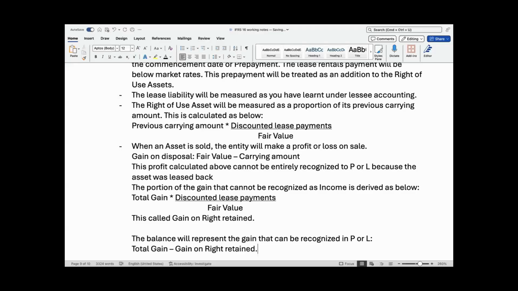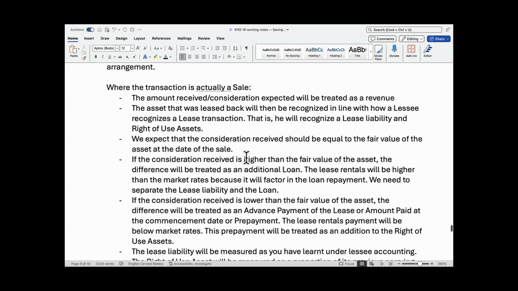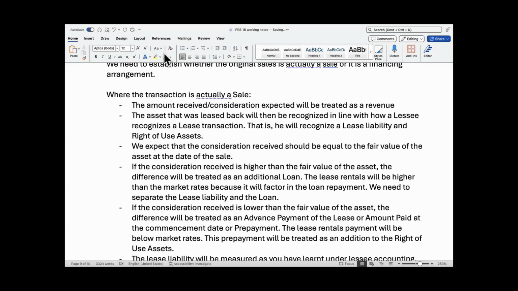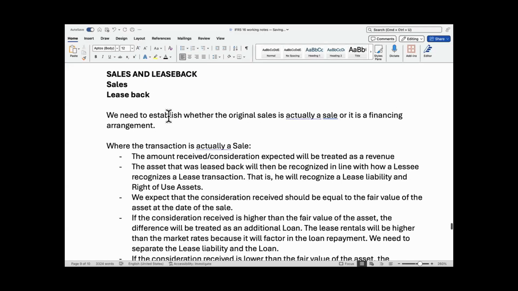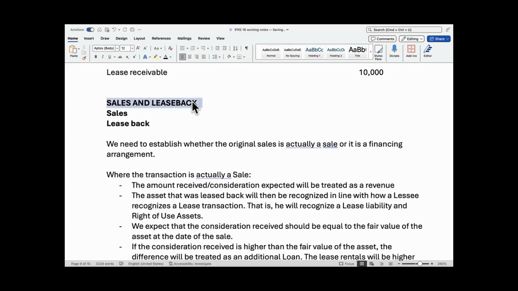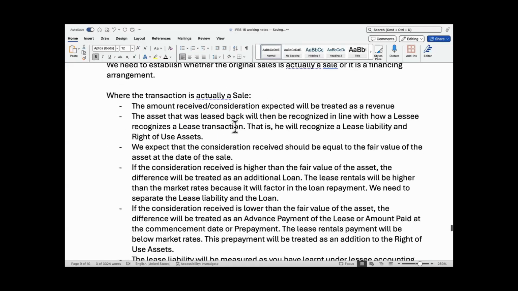Okay, now I've finished. So there are like 3 levels of things you need to know here. And even though ICAN has really never asked this sales and leaseback, I don't joke with it every diet because they can ask it anytime, which is why I always make sure we look at it properly.